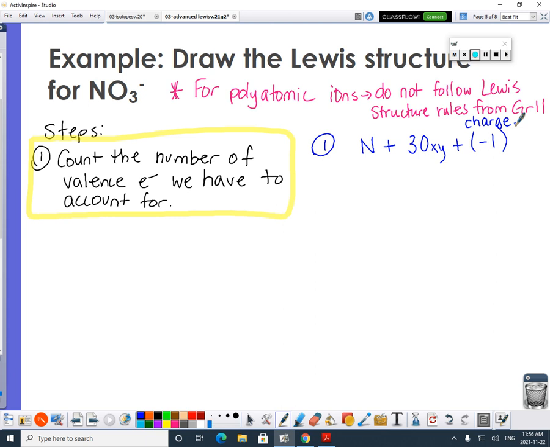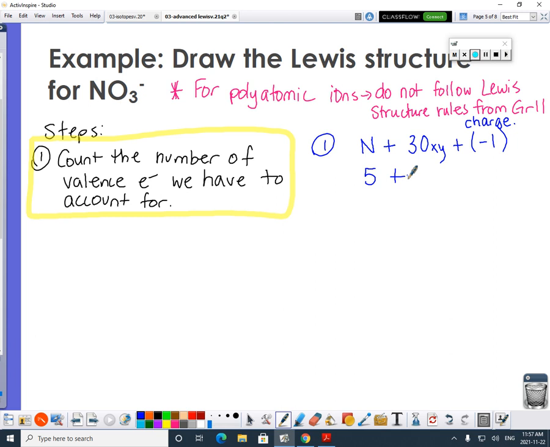All right, so how many valence electrons does nitrogen have? 1, 2, 3, 4, 5. Fifth column has 5. And remember, we're dealing with only nonmetals, so you can kind of direct your eyes over here if you like. Then oxygen has 6. 1, 2, 3, 4, 5, 6.